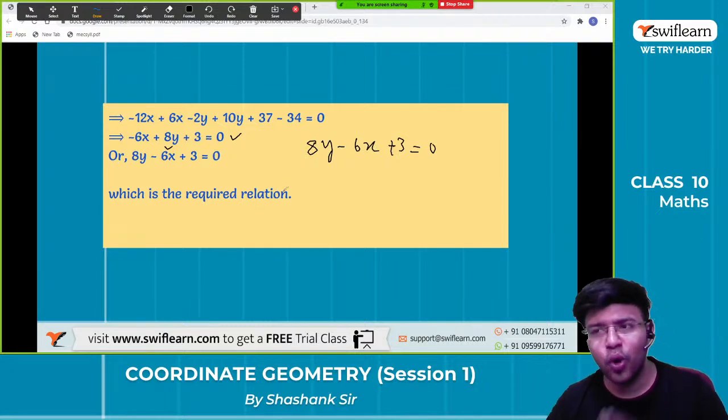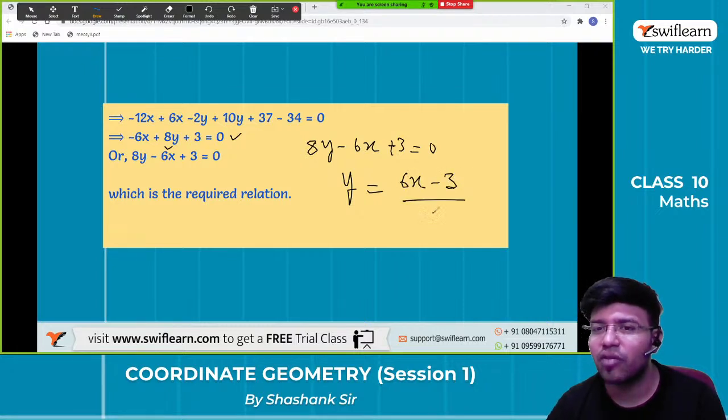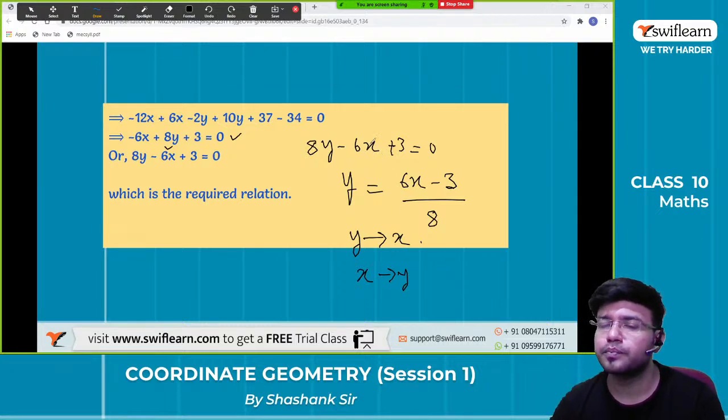Okay, and if you want to write the relation between x and y, y is equal to, take everything on the right side, 6x minus 3 divided by 8. This is the relation between y and x. If you want the relation between x and y, you can write this: take everything on this side and multiply by a negative sign, or take 6x here.